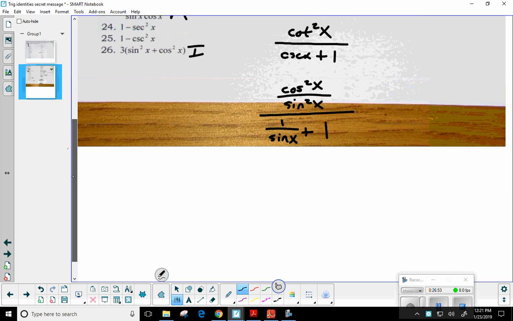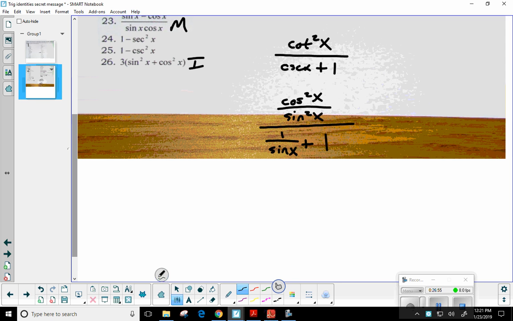Now, think about it like this. I want to take 1 over sine of x plus 1. So that's the same as 1 over 1, right? What do you think the common denominator would be? It's got to be sine. Okay. So I'm going to go ahead and multiply that one by sine over sine. So really that makes sense. Sine divided by sine is just going to be 1, and that's what we're looking for.